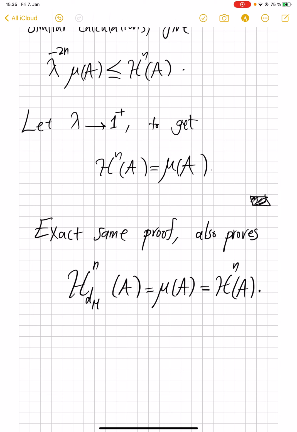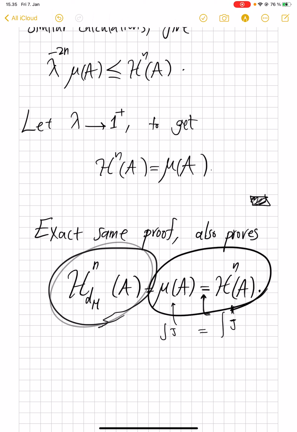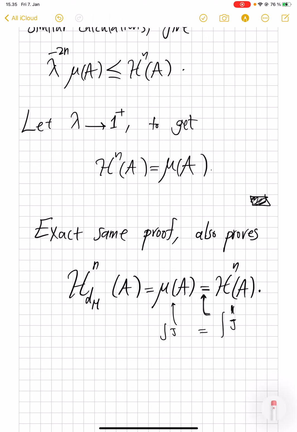And an interesting thing here is that although you do get this from the area formula, once you know this is the integral of Jacobian, like from the other proof, and by definition this is the integral of Jacobian, so these are equal, then therefore these are equal. You do get this from the area formula, but I'm not sure how you can get this other one from the area formula.